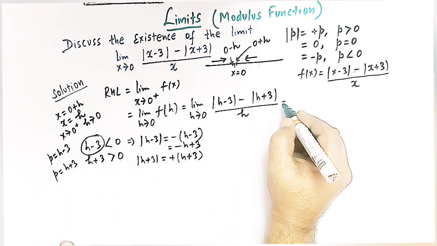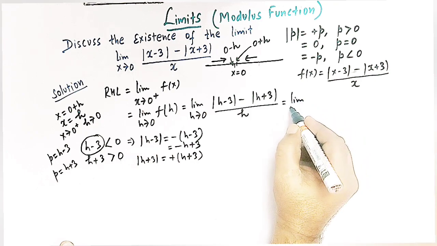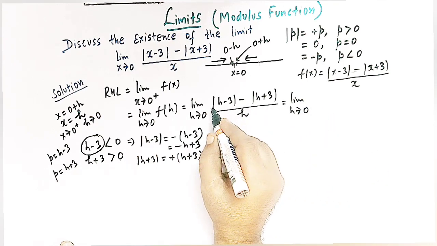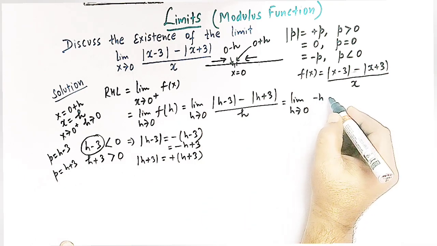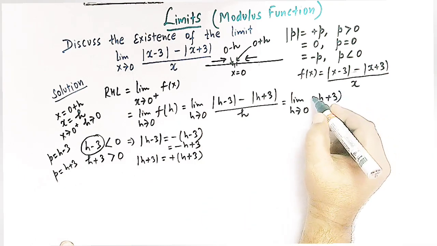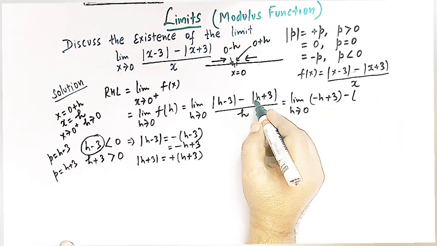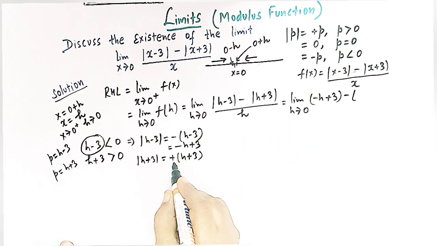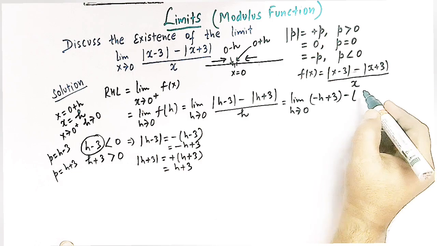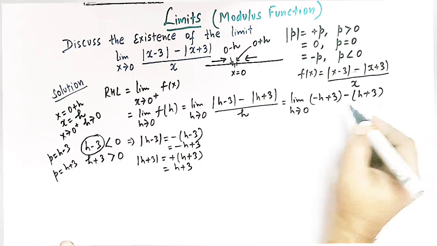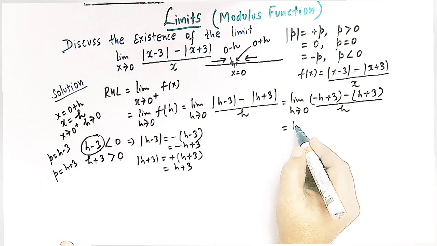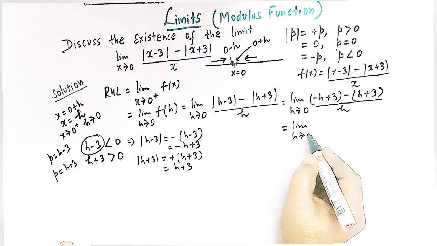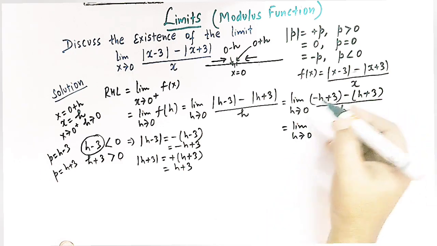So now this limit takes the form limit h tends to 0, mod of h minus 3 is minus h plus 3. So here we have minus h plus 3, and here mod of h plus 3 is equal to positive h plus 3, which is simply h plus 3. So here we have h plus 3, and in the denominator we have h. So now we can simplify this expression in the numerator.